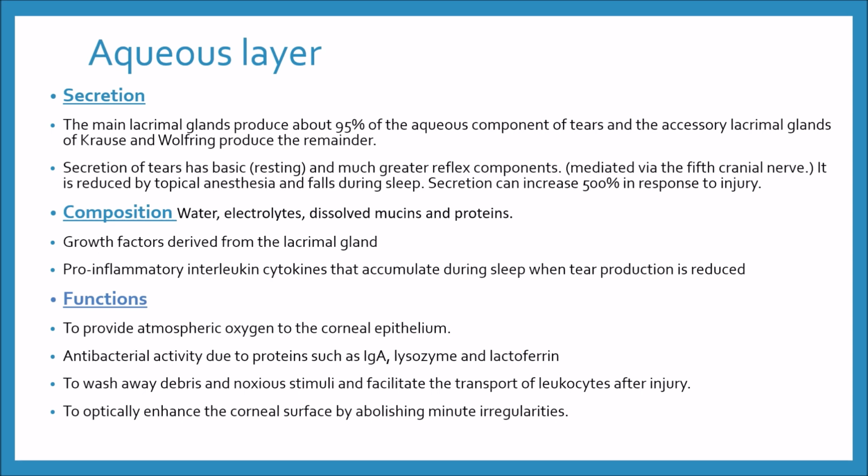The latter occurs in response to corneal and conjunctival sensory stimulation, tear breakup, and ocular inflammation, and is mediated by the fifth cranial nerve. It is reduced by topical anesthesia and falls during sleep. Secretion can increase 500% in response to injury.